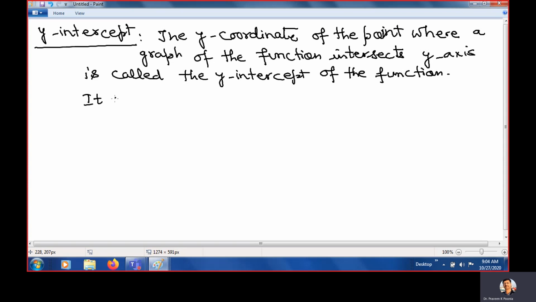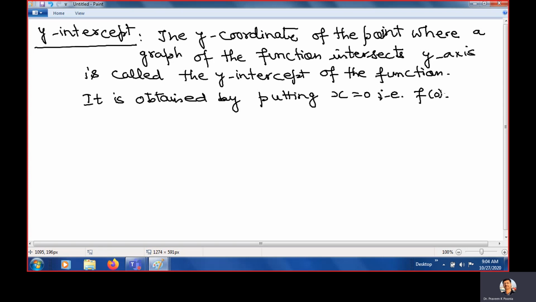It is obtained by putting x equal to 0, clear. So if you put x equal to 0, that is f(0).